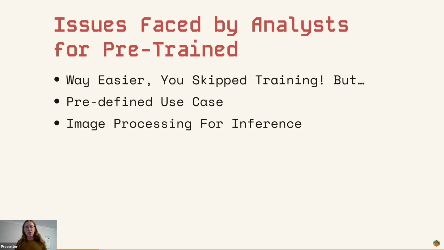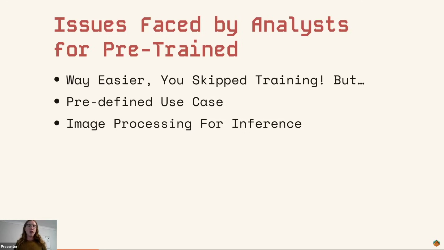But your pre-trained model is a generalized model. It knows the difference between stop signs, stoplights, cars, dogs, cats. Maybe you really want to know the specific breed of dog. And now you're limited within the predefined context of whoever trained that model.